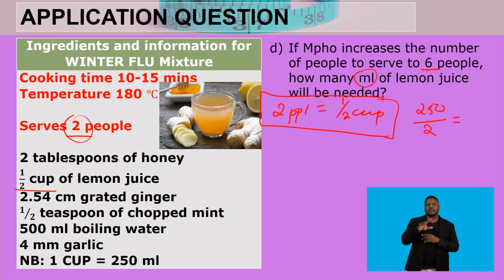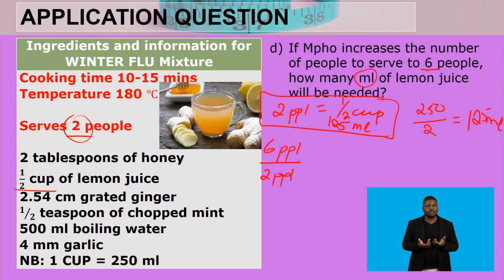Can we do that on the calculator and confirm? Yes, it gives us 125 milliliters. So it means these 2 people are served by 125 milliliters of lemon juice. So now we are increasing the number to what? To 6 people. So we have 6 people. We divide it by the same units, which is 2 people.